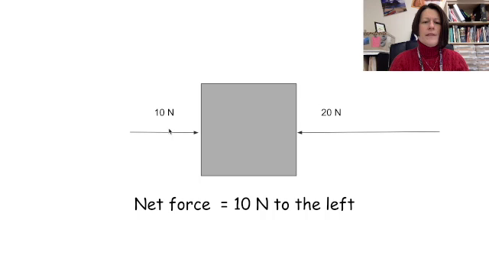So go ahead and draw these in. So I have 10 newtons on one side, and the other person's pushing with 20 newtons. So because there's a larger force on this side, it's unbalanced, and there's a force of 10 newtons to the left. This box will move to the left because there's greater force coming from the right.